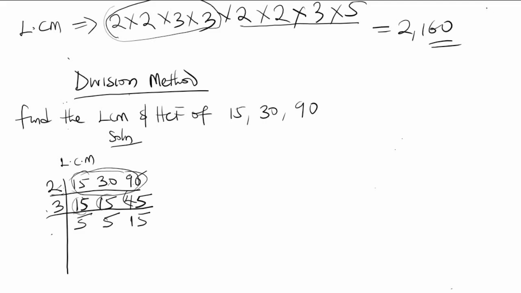We look at these numbers again. Can 3 divide anything here? Yes, 3 can divide 15. We put down 3. 3 cannot divide 5 without a remainder, so we write down the 5. 3 can divide 15 to become 5.